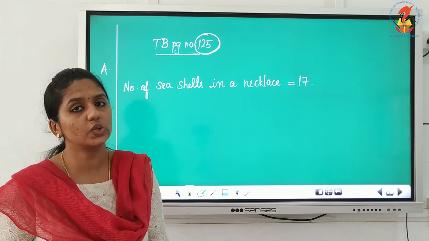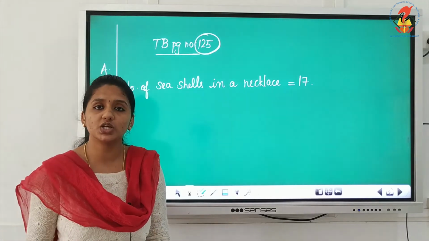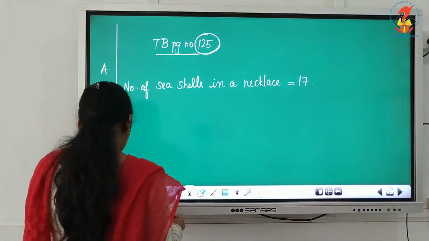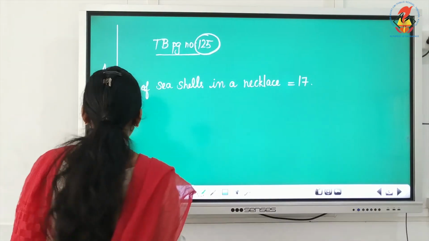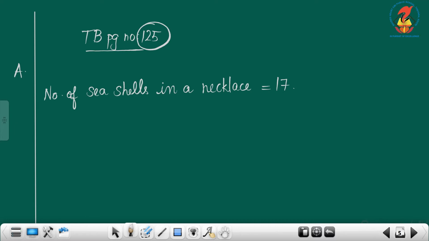So how can we denote that in a statement? Number of seashells she has. Not Kannu, it's he or she. I think it's she. So we can write the second statement. Total number of seashells she has.